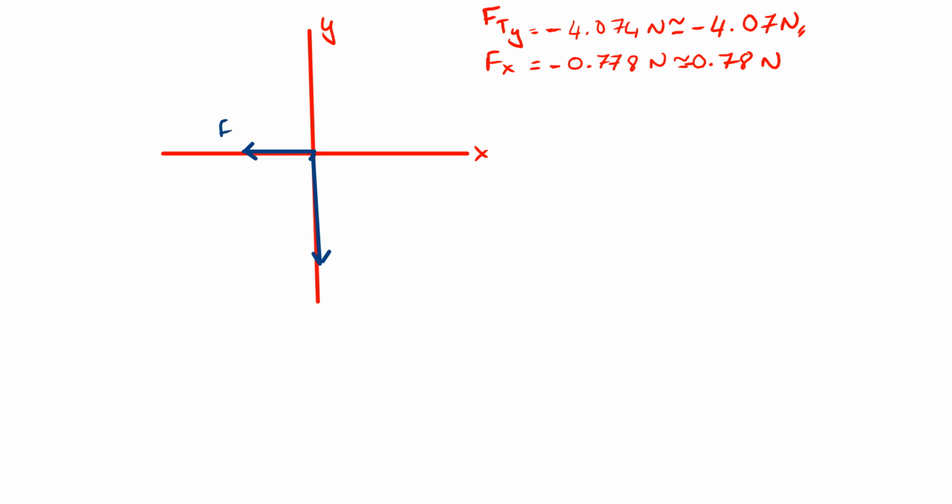So F total X, F total Y. That's what we found. We showed the directions. They both are negative. Then what we do is we go parallelogram method. Actually, here we draw a parallelogram, and the diagonal is the total force here.